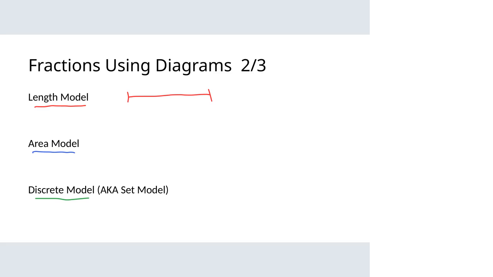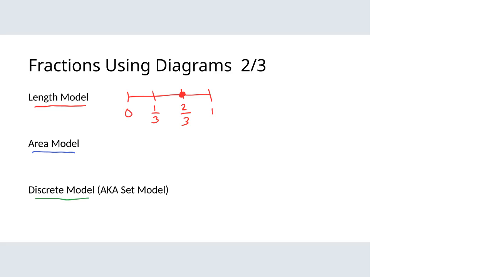If I want to put 2/3 on here, I could have 0 on one end and 1 on the other. I can chop that up so that I have a marker for 1/3 and a marker for 2/3. And I can put 2/3 right there on my model. Not very complicated, but that's the length model. We're just talking about distance, and we want to make sure we can identify the spot where 2/3 would be.